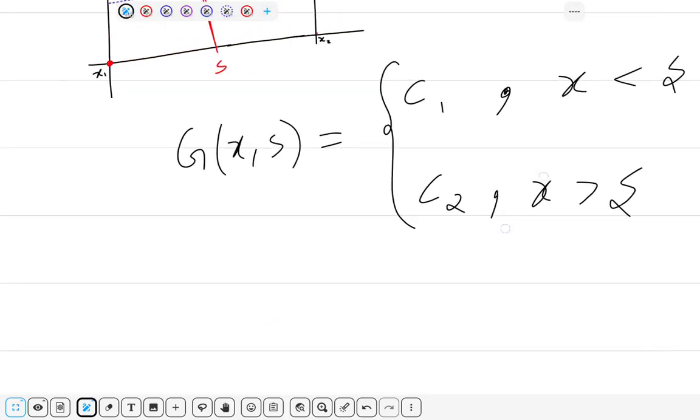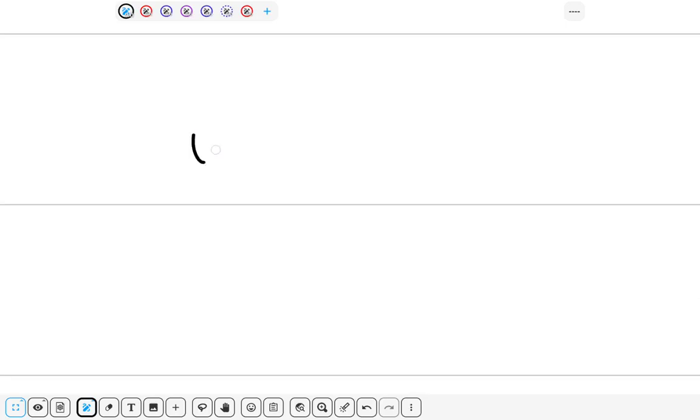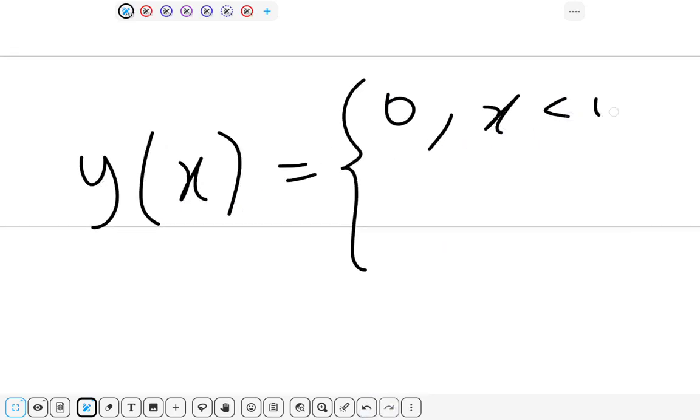And you can see, for step functions, as far as I know, you must be knowing that you will get delta functions, right? So let me see, for example, you have, let us say, y of x is 0 when x is lesser than 0, and 1 if x is greater than 0.